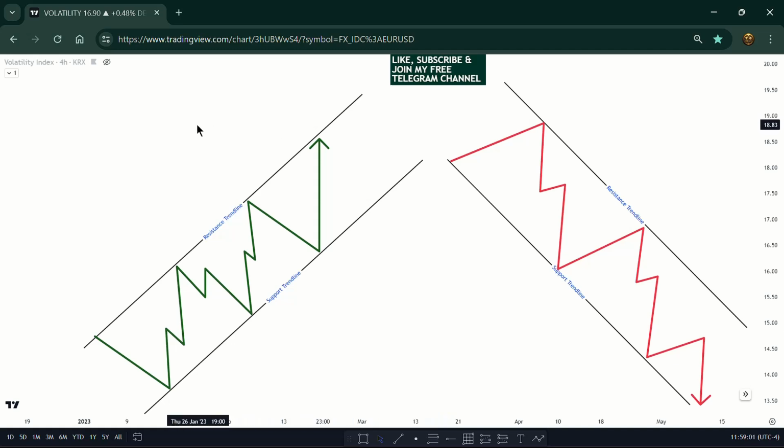Alright, so today in this video, I'm going to talk about trend lines. Trendline liquidity. If you don't know what liquidity is, what I mean by liquidity is your stop losses, or your buy stops or your sell stops.